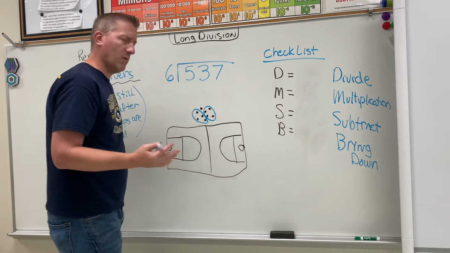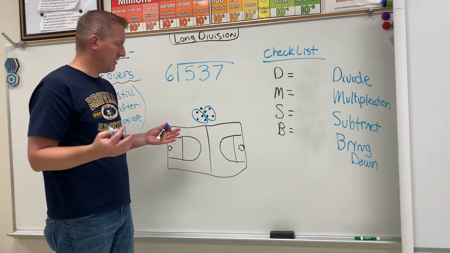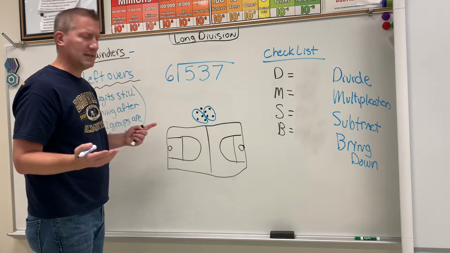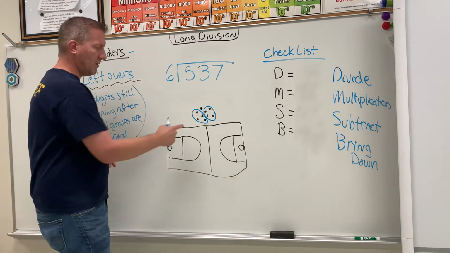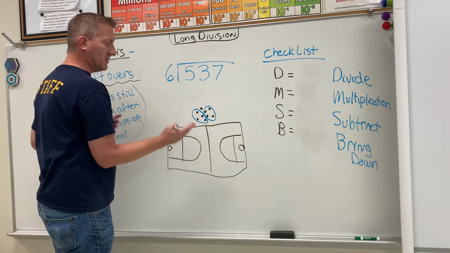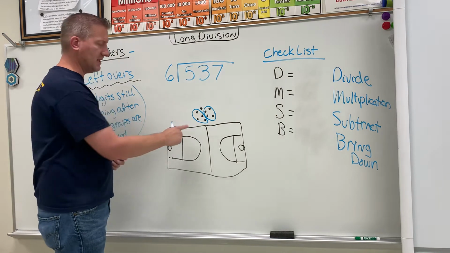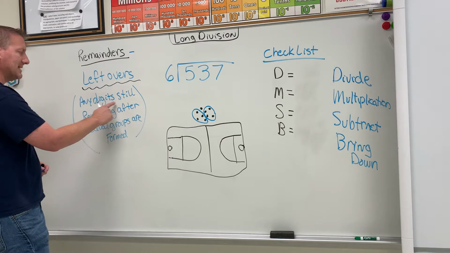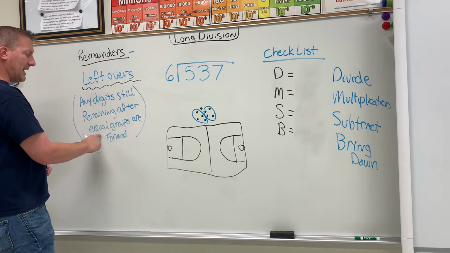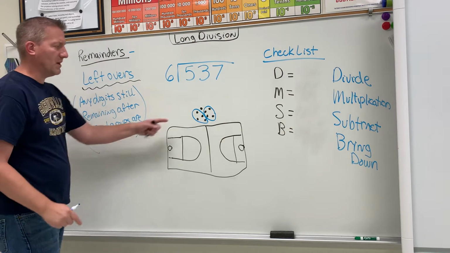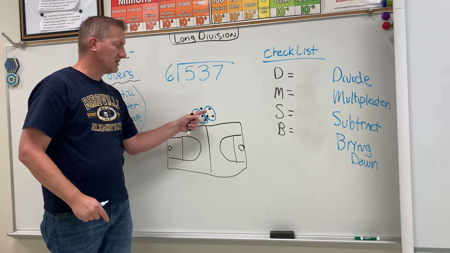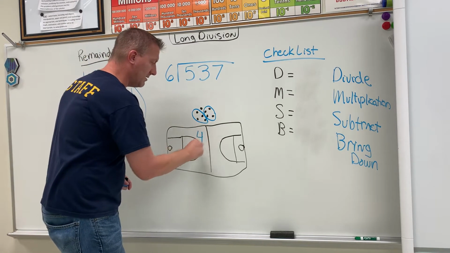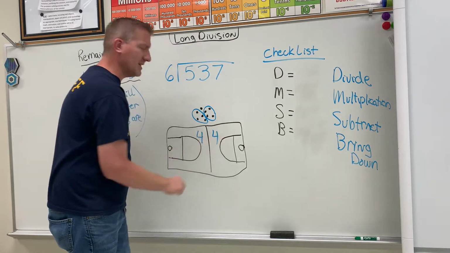And, whoa, wait. What about this guy right here? What's happening to him? Well, if we put him on this team, it's going to be unfair, isn't it? It's not going to be equal groups. It says any digit still remaining after equal groups are formed. Are these equal groups? Sure. There's 4 on this team and 4 on this team.